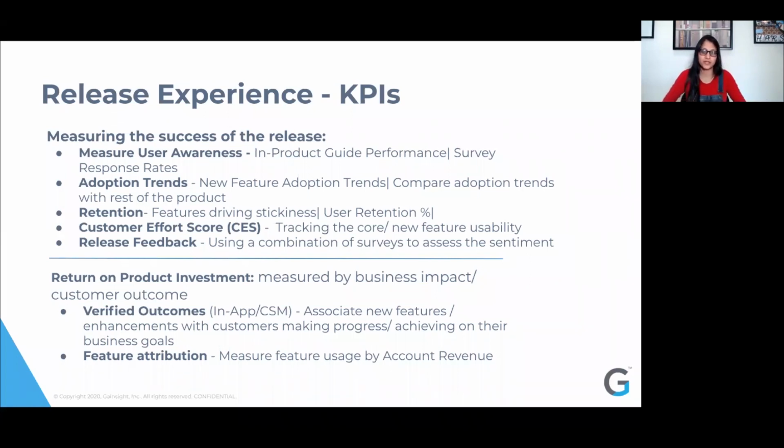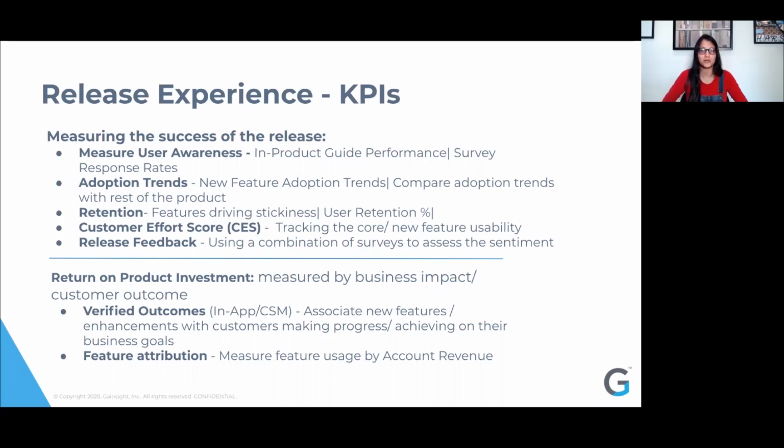Second is the adoption trend. That's a great leading indicator, right? What are the adoption trends of my newly released features? Comparing the adoption trends with the rest of the products, right? Measuring it by different ARR segmentation.